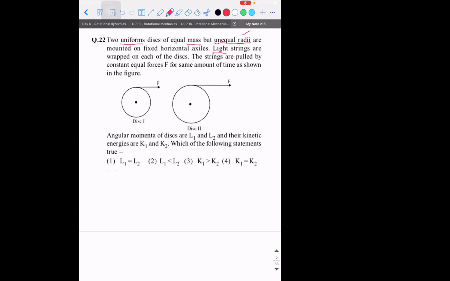So there are light strings that are wrapped on each of the disks. The strings are pulled by a constant force F for the same amount of time as shown in the figure. Angular momenta of the disks are L1 and L2, and their kinetic energies are K1 and K2. Which of the following statements are true? They have involved time also, the same amount of time.